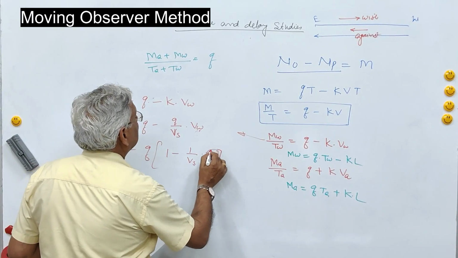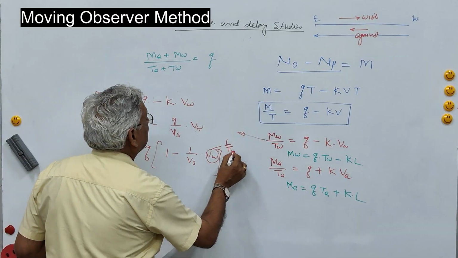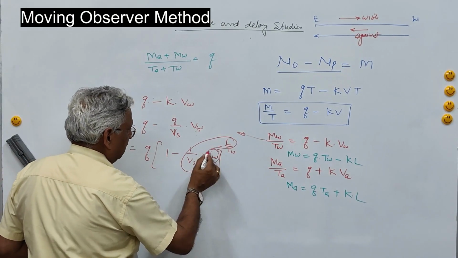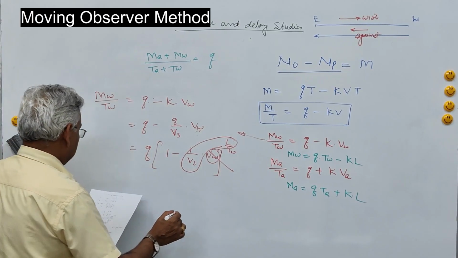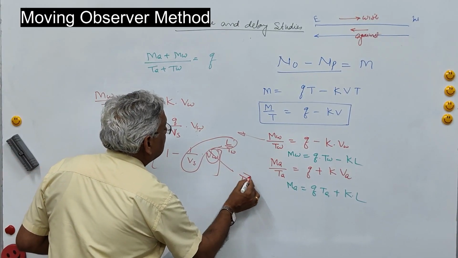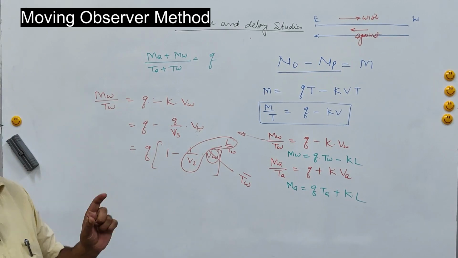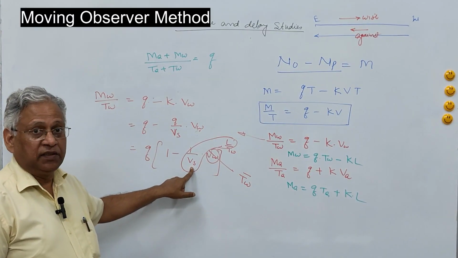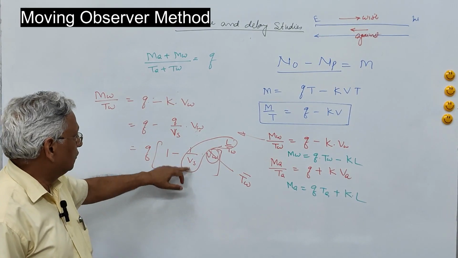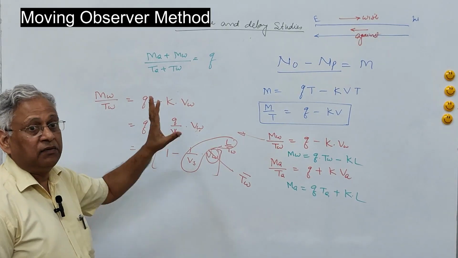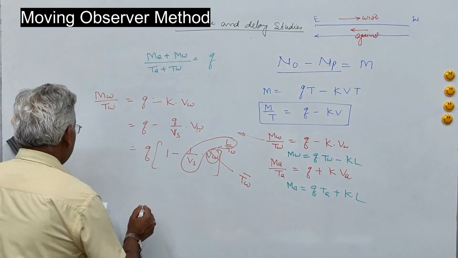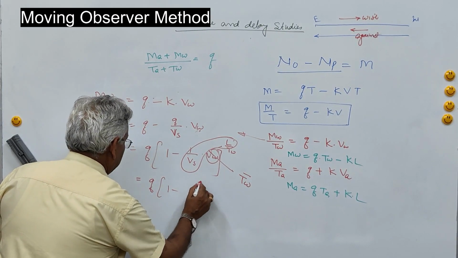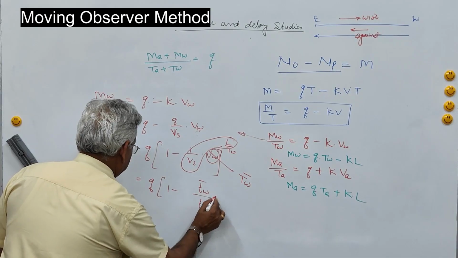Now this vw you can write as L upon tw, and this L upon Vs will be equal to T bar, the average time of the stream, because this Vs is the stream speed, since you substituted K by Q upon Vs. That is the fundamental equation. So this will be equal to Q into 1 minus T bar upon tw.